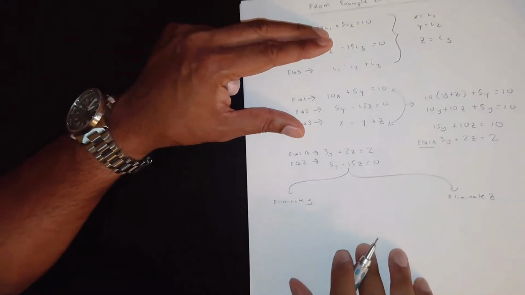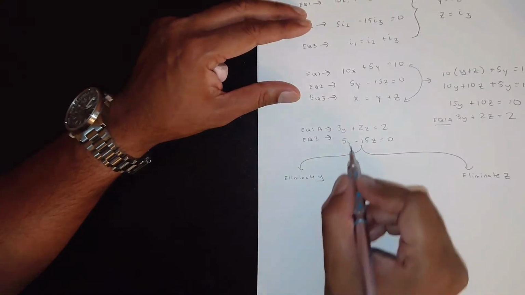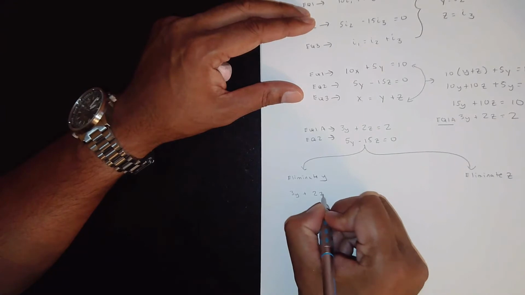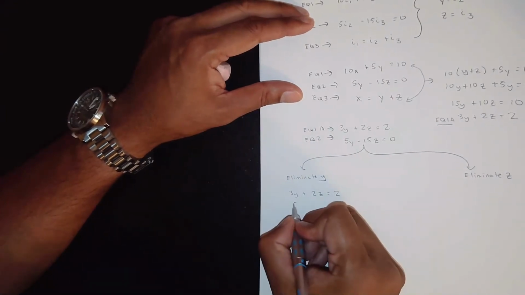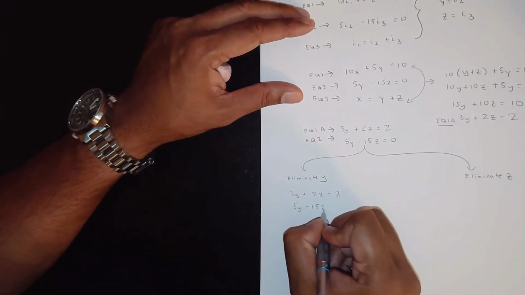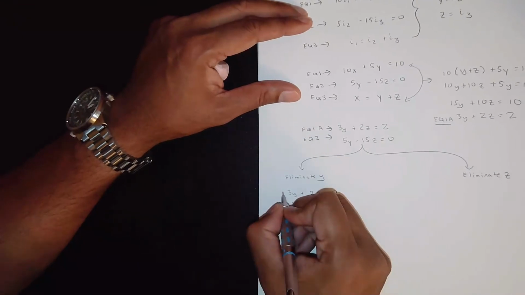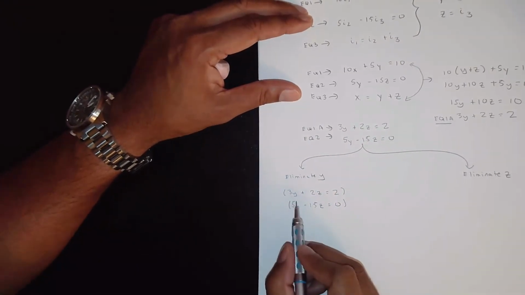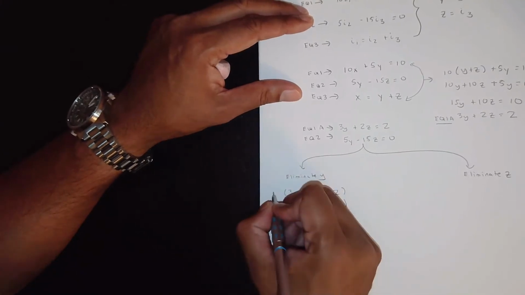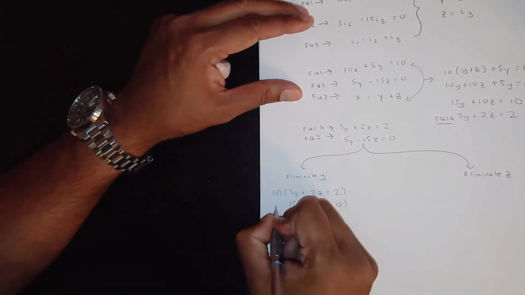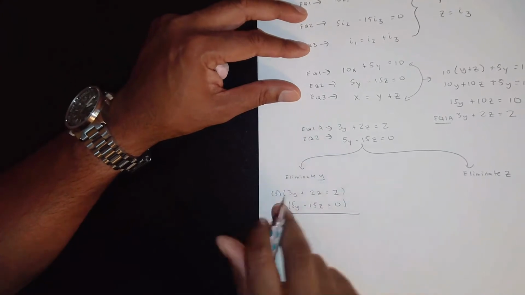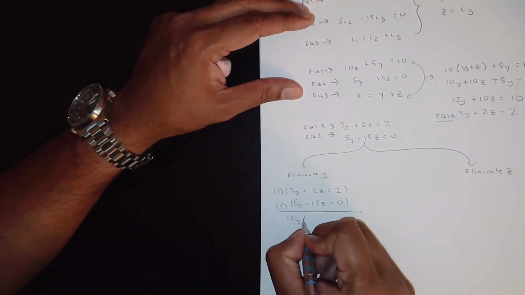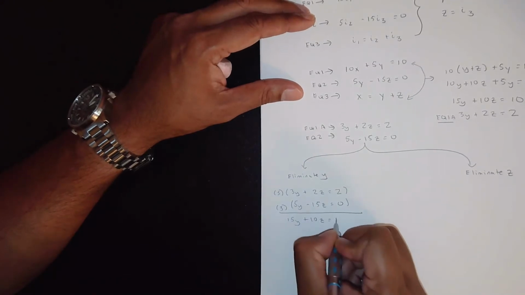How do you eliminate them? We write the equation 3y plus 2z is equal to 2, and 5y minus 15z is equal to 0. So we cross multiply each side, right? So 5 goes here, and then 3 goes here. Simple, do a cross multiplication, you expand out. So you get 15y plus 10z is equal to 10.